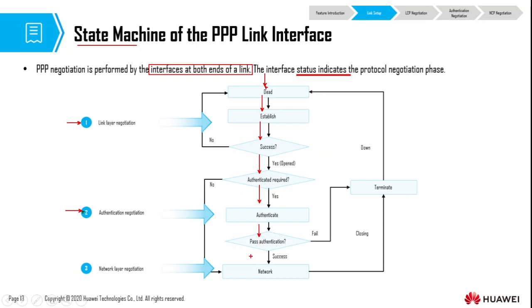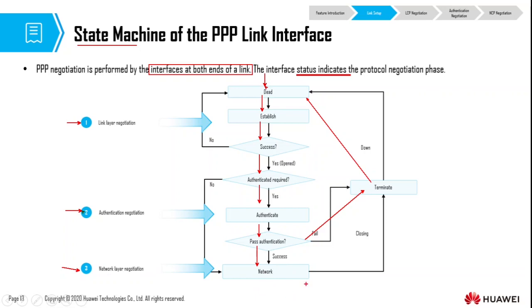If yes, then we go ahead to negotiate the network layer parameters, such as the IP address that I'm going to use. If it fails, then we terminate, and we go back to the dead state. Otherwise, after negotiating the network parameters, you can now access the network or the internet and send and receive data.